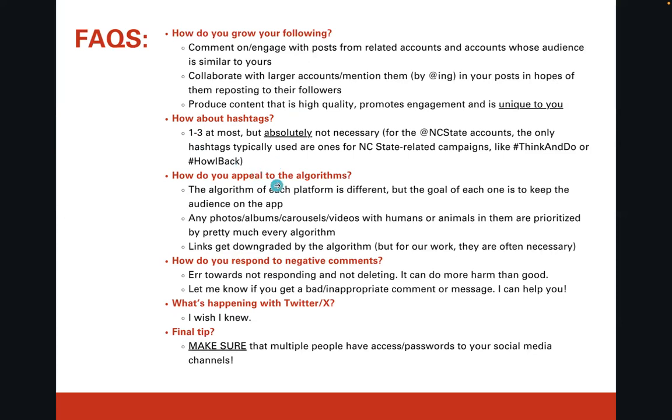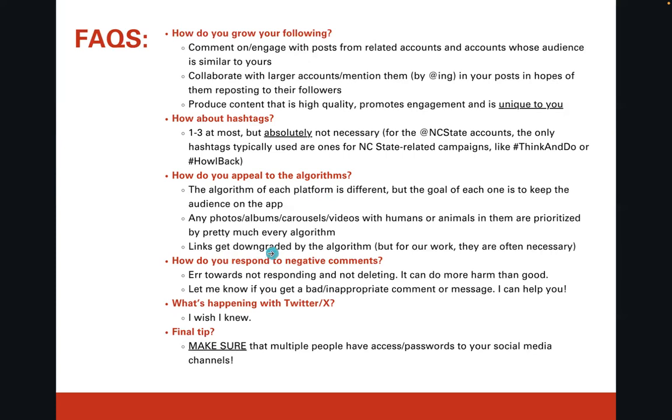Appealing to the algorithms is unique and a little bit difficult. The algorithms for each platform changes constantly, and so it's a little difficult to keep up with it. But the main goal of every single social media platform is to keep your audience on your app. And it's a bit insidious in that way, but when you think about it, that way they're going to make more money and they want people to stay on the app.